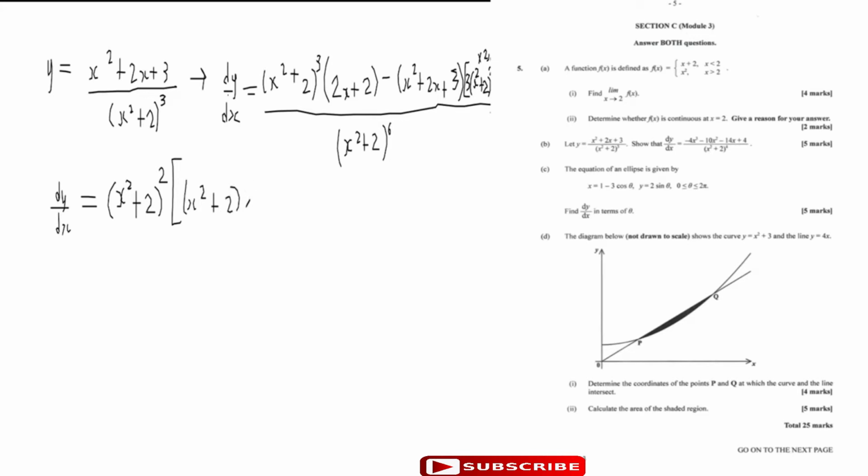That is then going to be multiplied by 2x plus 2, minus, over here I'm going to be left with x squared plus 2x plus 3, and all of this is multiplied by 3 times 2x, which is 6x.